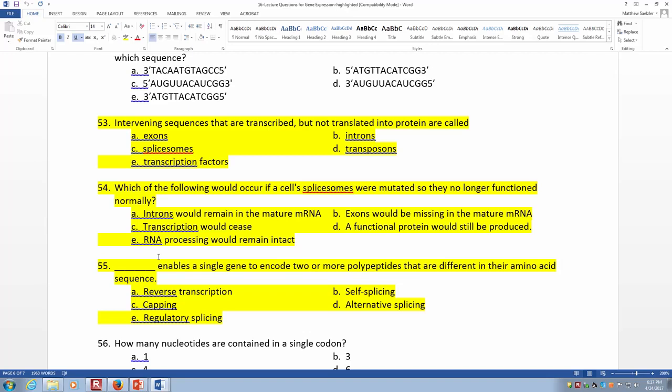54, which of the following would occur if a cell's spliceosomes were mutated so they no longer function normally? Right, A, introns would remain in the mature mRNA. 55, blank enables a single gene to encode for 2 or more polypeptides that are different in their amino acid sequence.